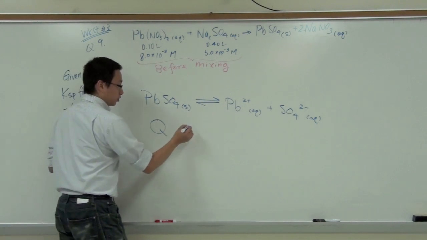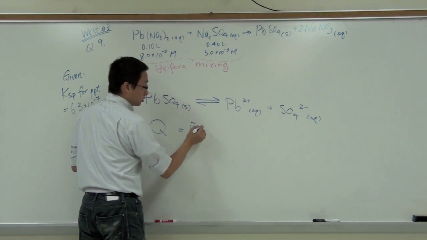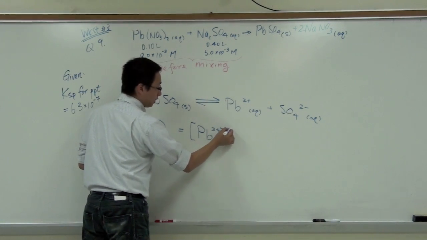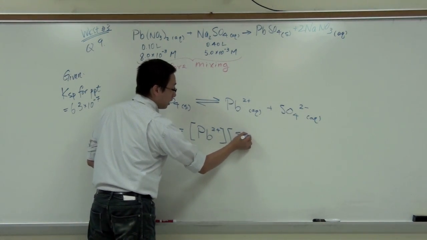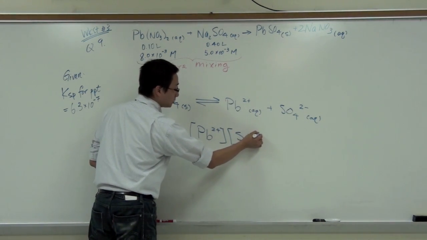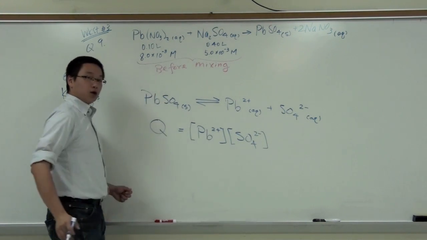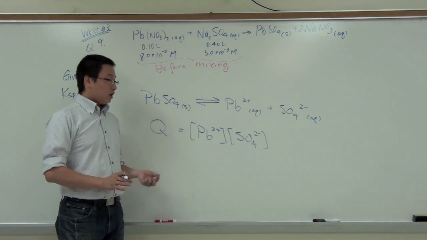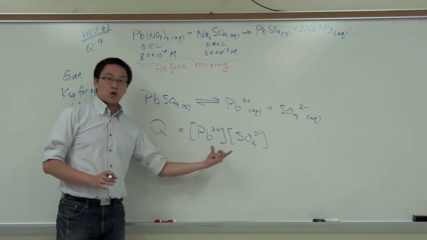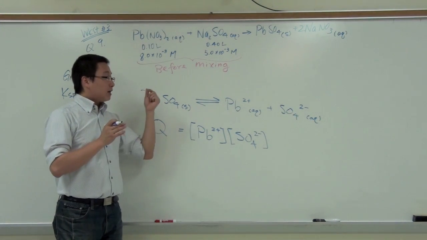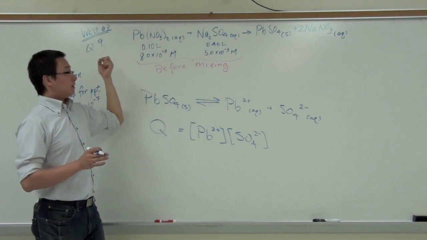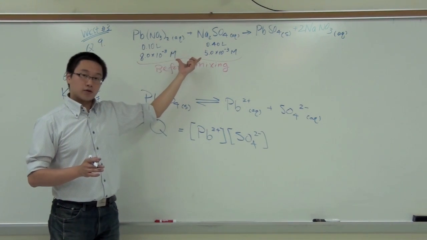When we try to find out what the Q is, it is basically the same thing as the K, except that the concentrations that we're putting here for the calculations are not the ones at the equilibrium. The concentrations that we're putting here are the initial concentrations.